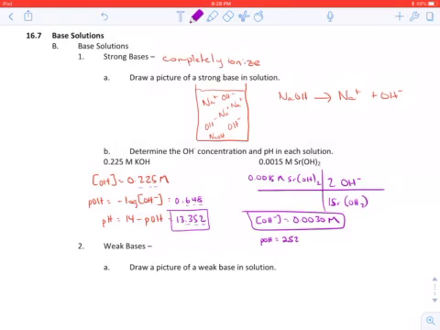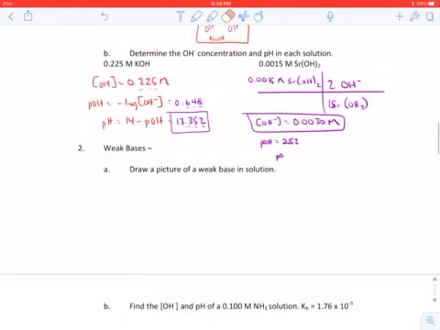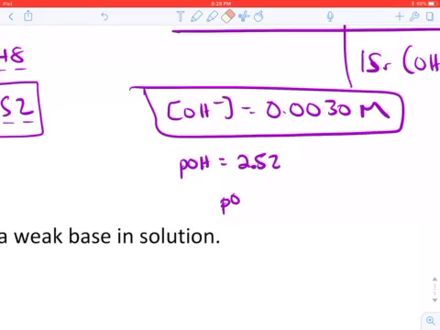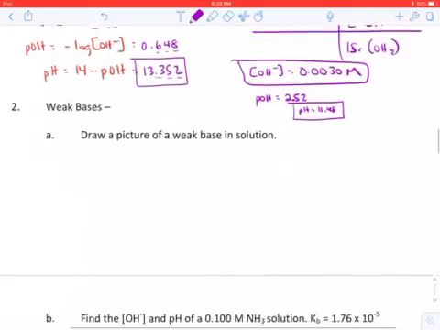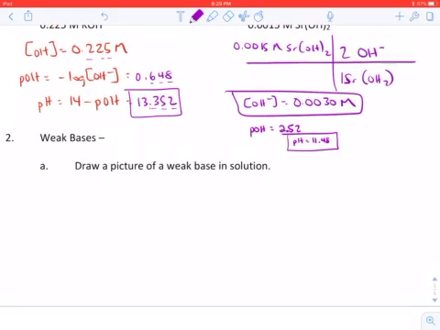And then we just do 14 minus that, and that should give us a pH, not pOH, a pH of 11.48. And so, pretty simple on how to solve the strong acids, strong bases.